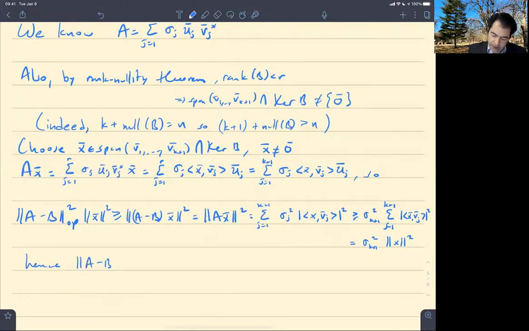And conclude that the operator norm is bounded below by sigma k plus 1. Okay, great. That's what we wanted to show. And there, all we used was that the rank of B was equal to k, strictly less than r.